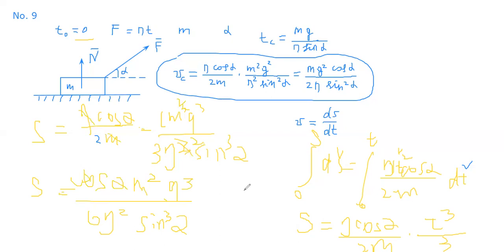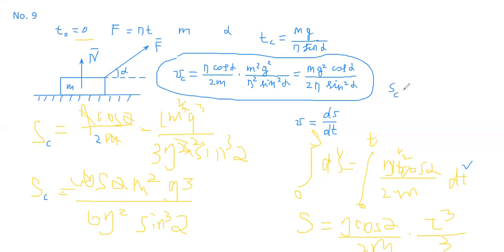Okay, so we have obtained 6 eta square sin. Yes, this is the correct answer. Maybe I'll make a lower index s. I agree.